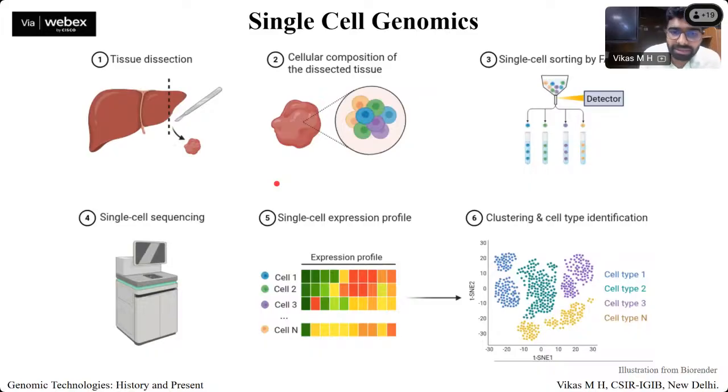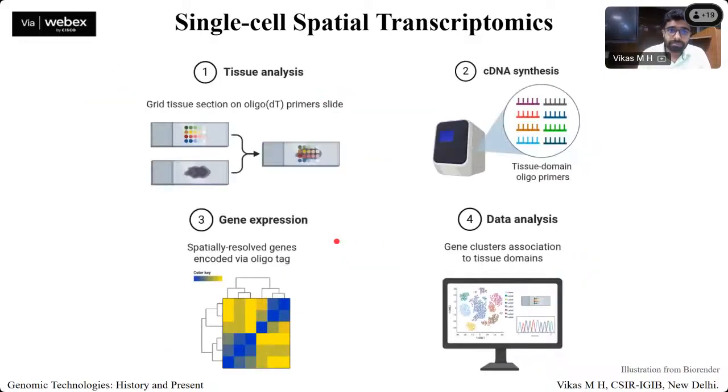Say in case of cancer, you will be able to properly differentiate between the cancerous tumor cells and the normal cells of the body, and how, with the microenvironment around the tumor, their expression profiles are being changed, and how they are reacting to the drugs or the treatment that you are giving as well.